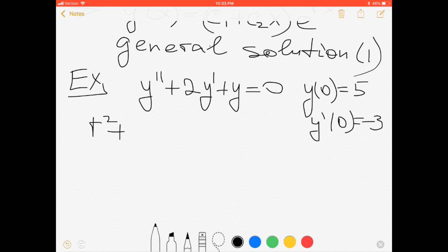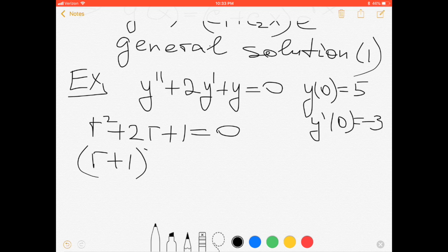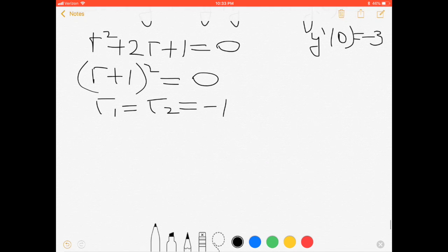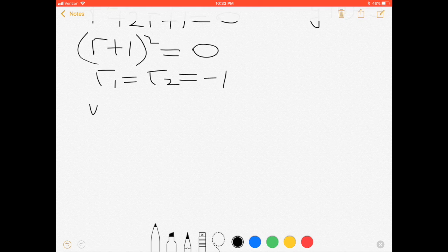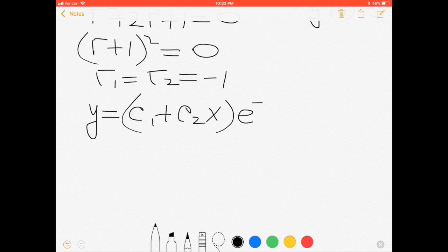Okay, first we write our characteristic equation. This will be r squared plus 2r plus 1 equals 0. This means r plus 1 squared equals 0. This means the first root equals the second one and equals -1. So our solution will be c1 plus c2x times e to the -x.